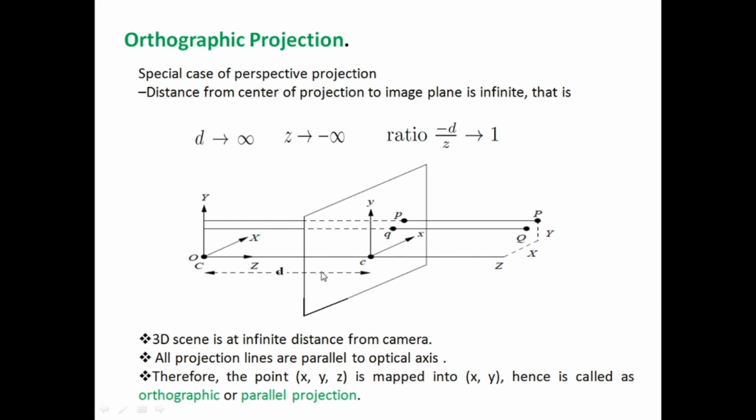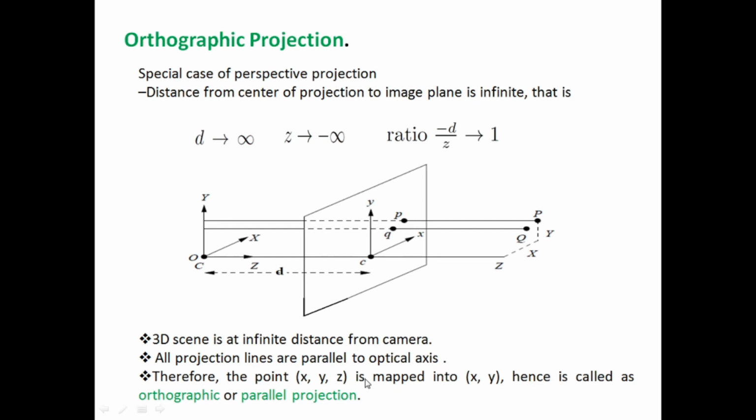Why? Because the image plane is far away as well as the objects are also far away. Therefore, the point, it may be P or it may be Q, having coordinate values x, y, z, is directly mapped to x, y.